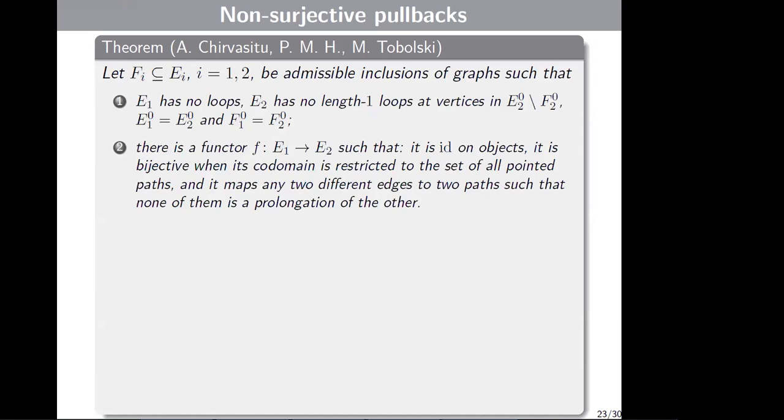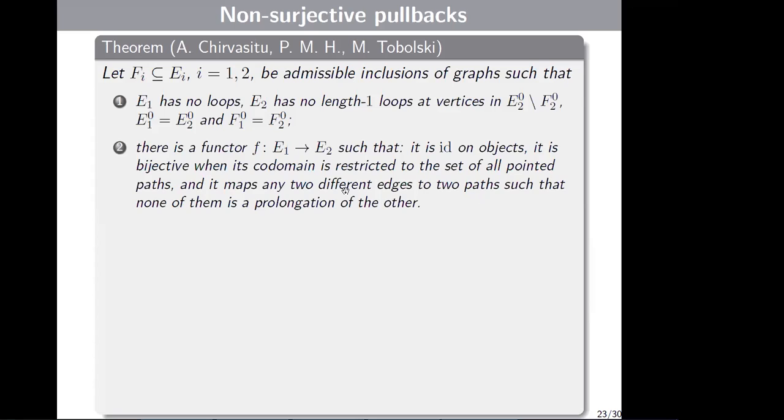So I take my graph E2, and I take not just all finite paths, I take all pointed paths, all finite paths with the property that the last edge is not a loop. When I restrict the codomain of this map f, it is a bijection. That's an assumption.